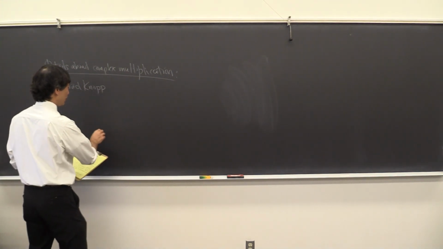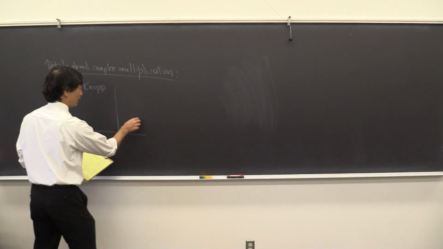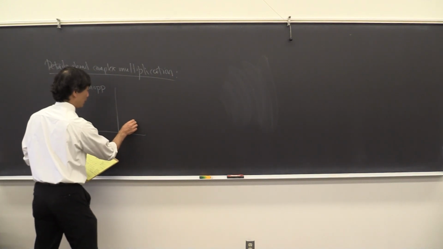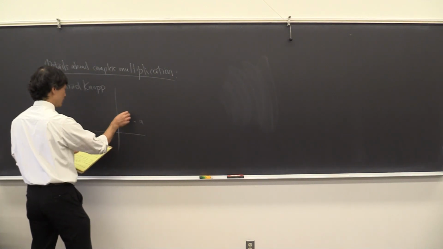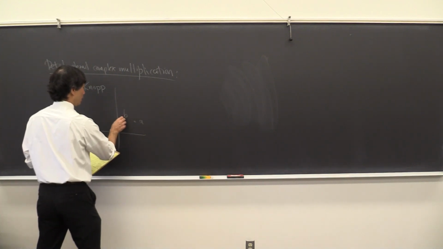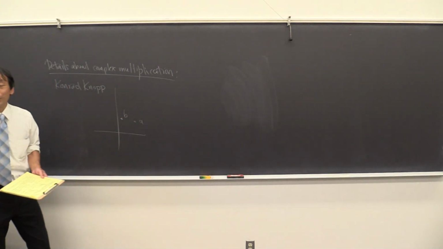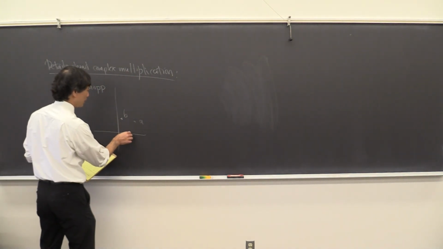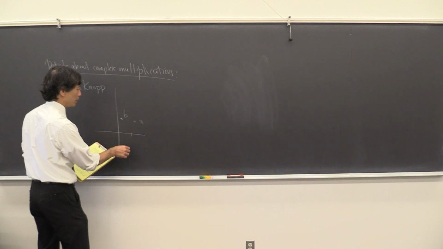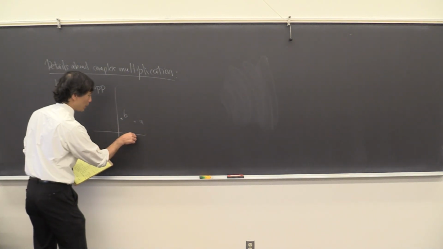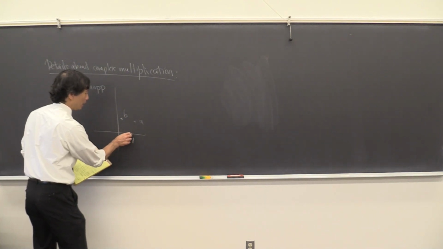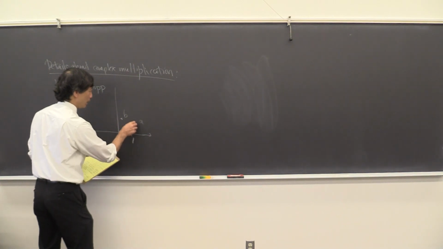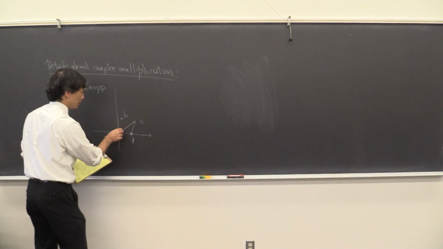Says, well, look, if you're thinking about multiplying two complex numbers, say a complex number A and a complex number B, then one way of visualizing the multiplication is if you make a triangle from the point 1 to A and the origin.